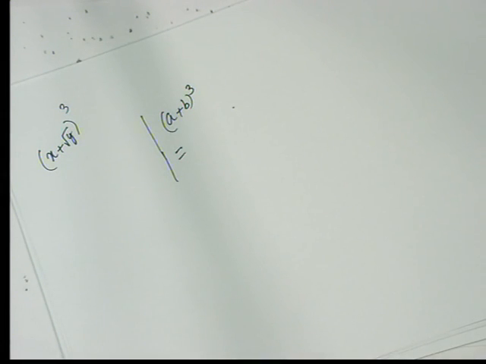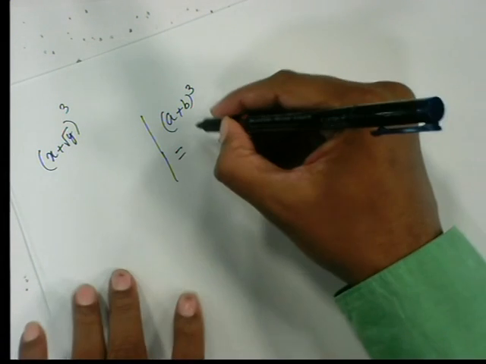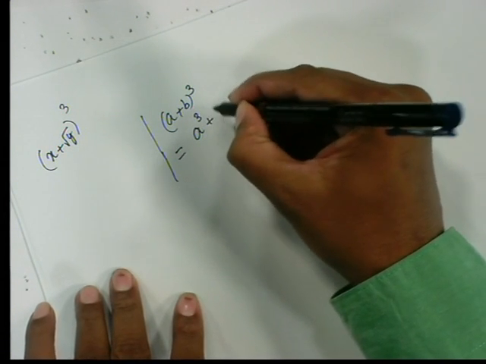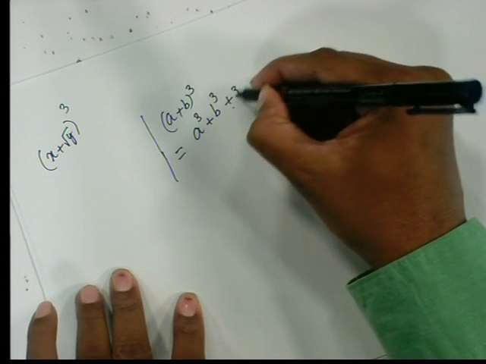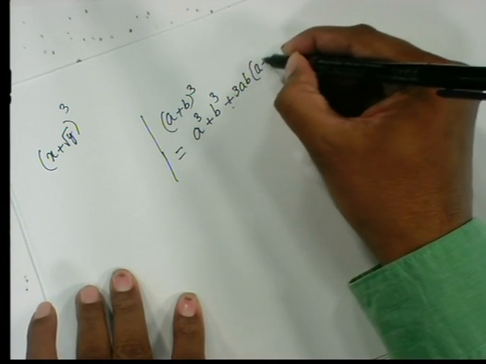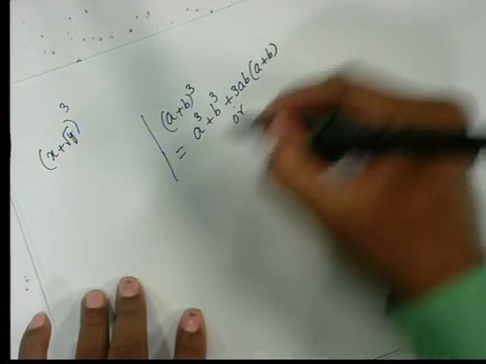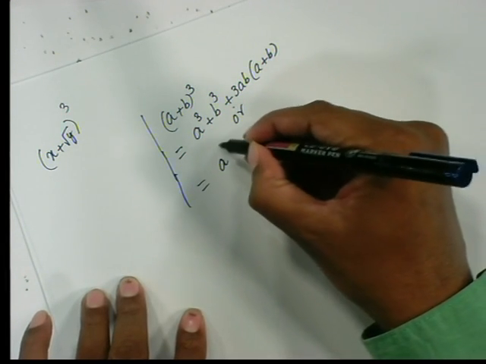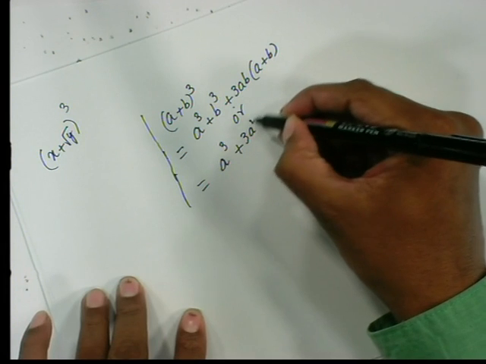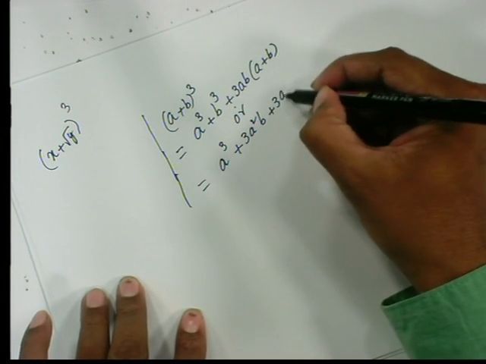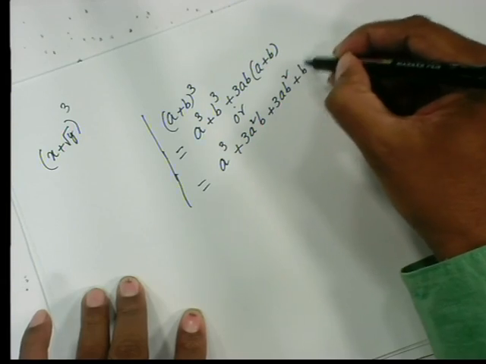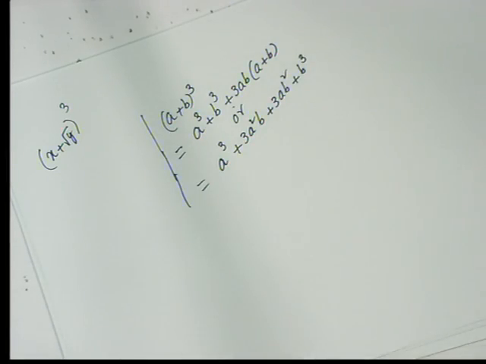Okay, let me repeat once again. (a plus b) whole cube is equal to a cube plus b cube plus 3ab multiplied by (a plus b), or this may be written as a cube plus 3a square b plus 3ab square plus b cube. For our convenience, we have to choose the formula. That depends upon the context of the problem. In this case it is better to take the first one.